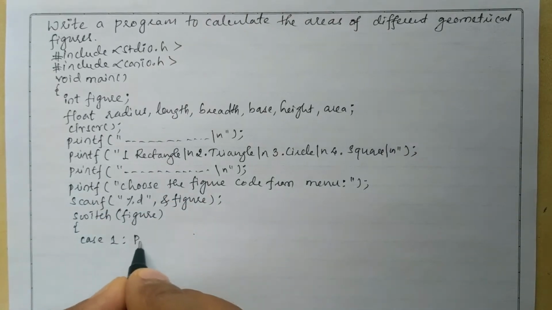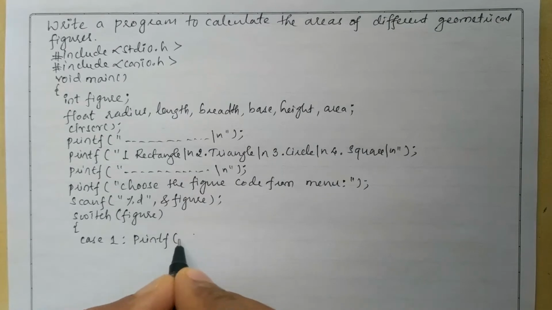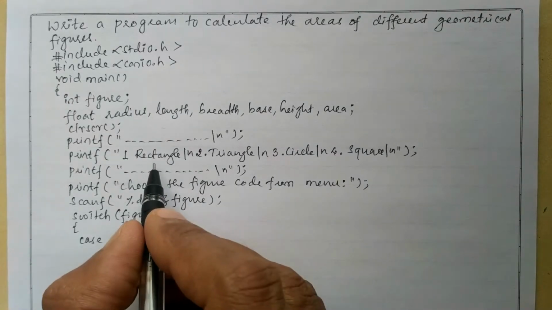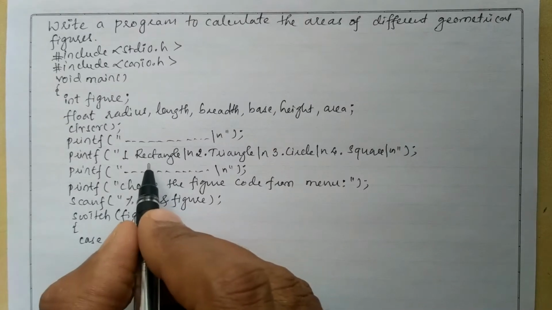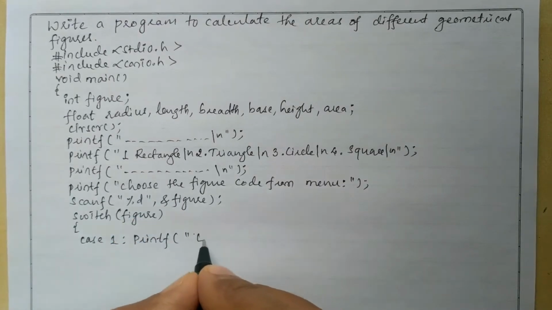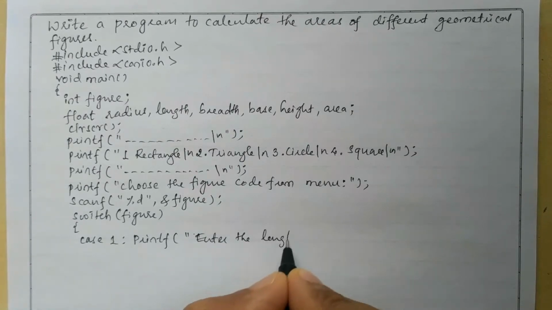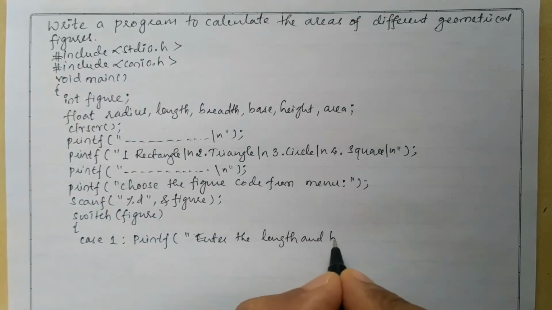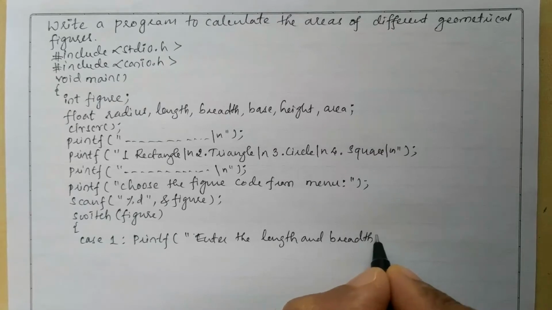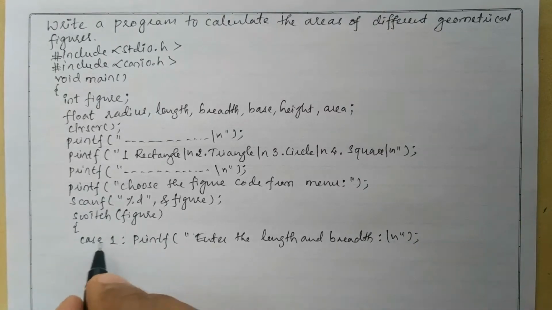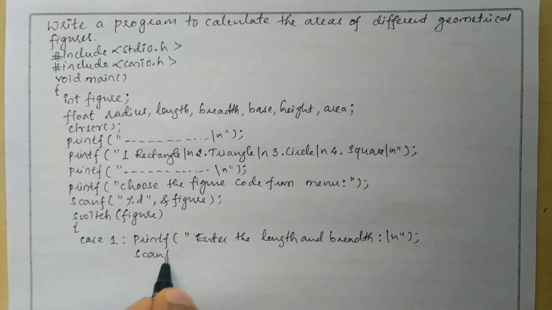Now let us write printf statement, and in a double quotation mark I'm going to write enter the length and breadth, because we want to calculate the area of rectangle. I'll write enter the length and breadth /n, end the double quotation mark and put semicolon, and we are going to receive the response from the user through keyboard using scanf statement.